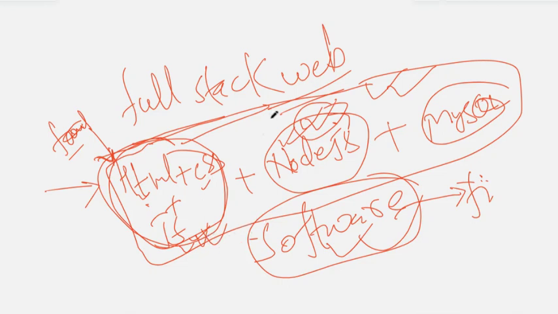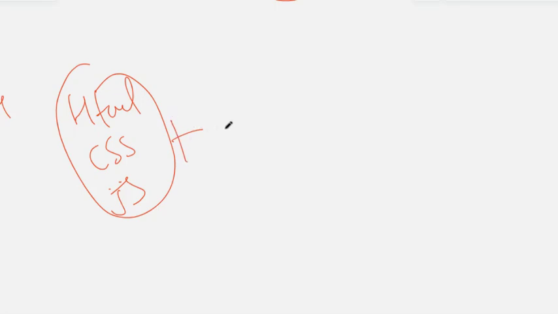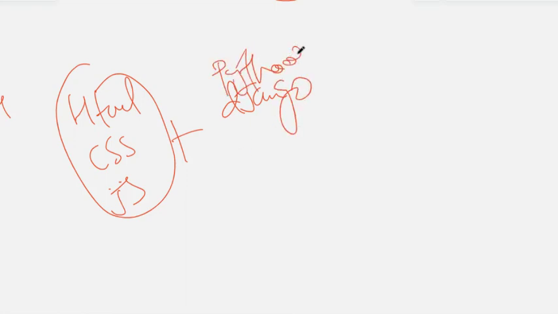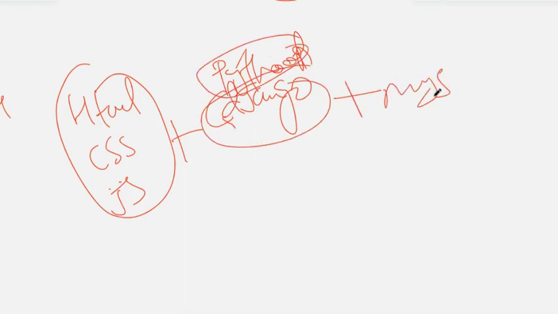And if you do not learn Node.js, then you can follow other technologies. HTML, CSS, and JS are universal, but for the backend you can also learn Django: the Python programming language, then the Django framework, and then MySQL.